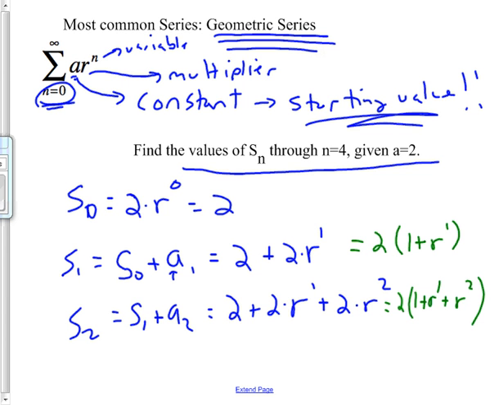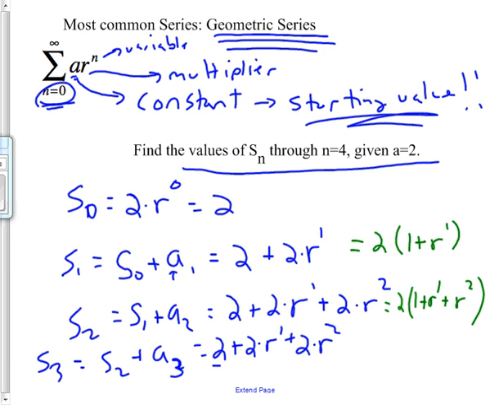So I think you could probably guess what s sub 3 is. S sub 3 equals s sub 2 plus a sub 3. Well, that equals 2 plus 2 times r to the 1 plus 2 times r to the 2. That's just s sub 2 there, that's this up here, plus a sub 3.